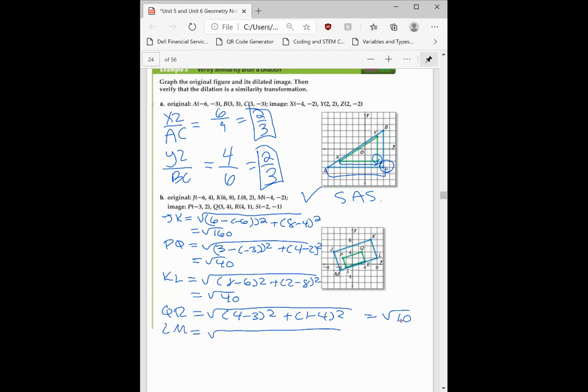LM is equal to the square root of negative 4 minus 8 squared plus negative 2 minus 2 squared, which is equal to the square root of 160. RS is equal to the square root of negative 2 minus 4 squared plus negative 1 minus 1 squared, which is equal to the square root of 40.